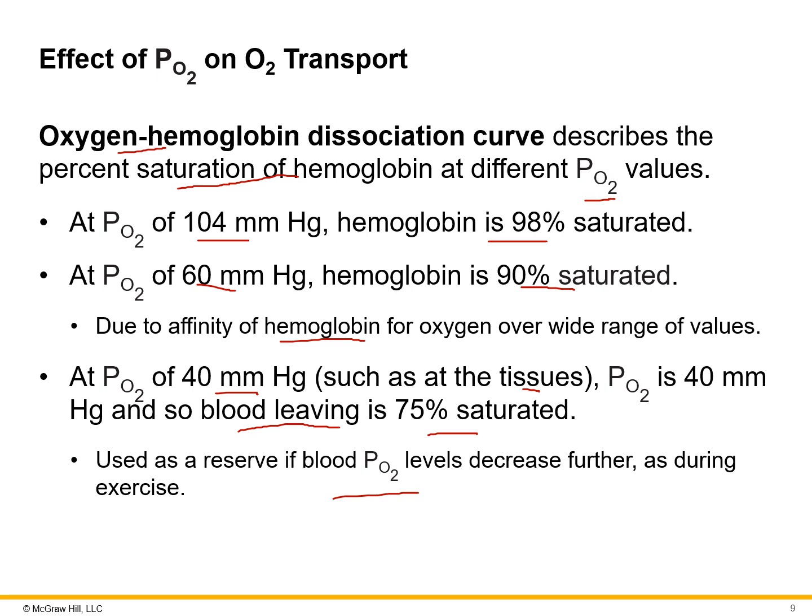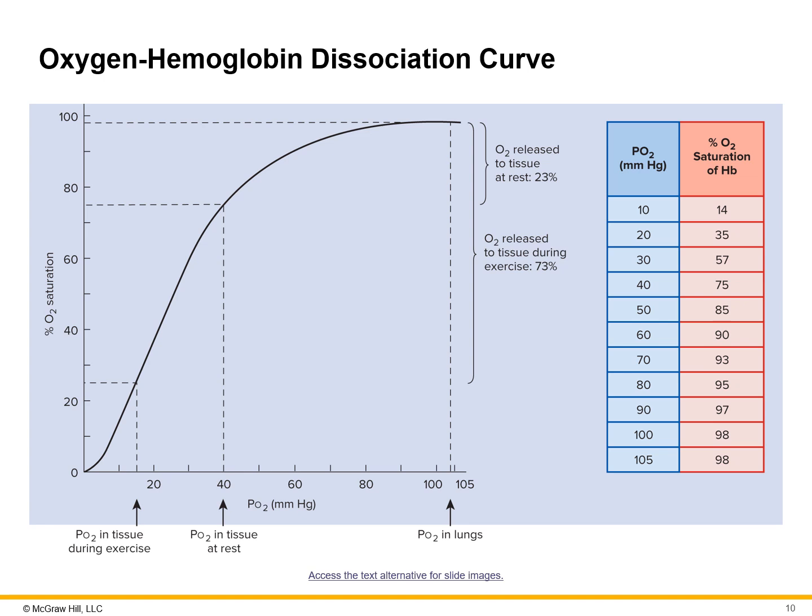And again, these are not numbers that you need to know, but just understand the concept: as the partial pressure goes down, the oxygen affinity goes down. So less of it is saturating that hemoglobin. And this is that dissociation curve. So again, it's at the max affinity. It's most saturated at about 104 partial pressure of oxygen in the lungs.